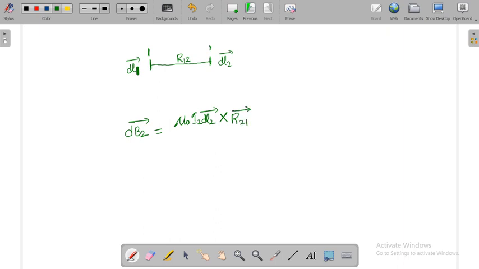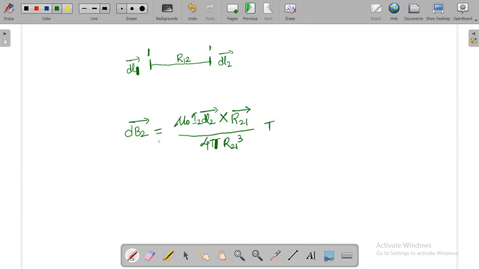Magnitude wise, r21 bar and r12 bar are both the same. When I consider them as vectors, they are of opposite sign. So divided by 4 pi r21 cube. The unit is Tesla.